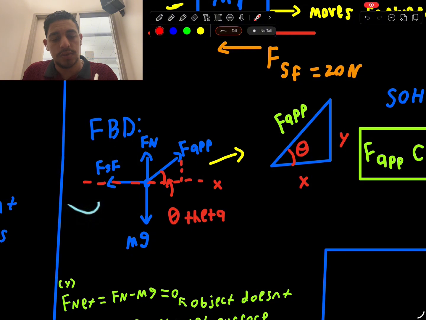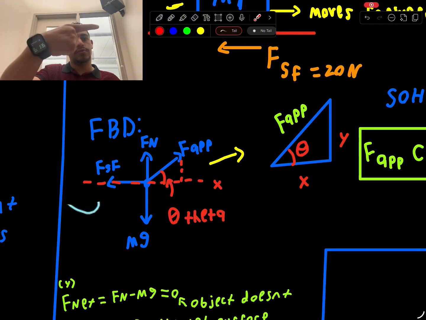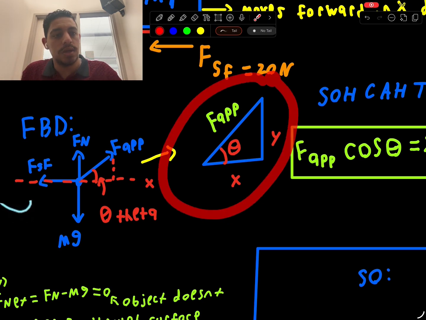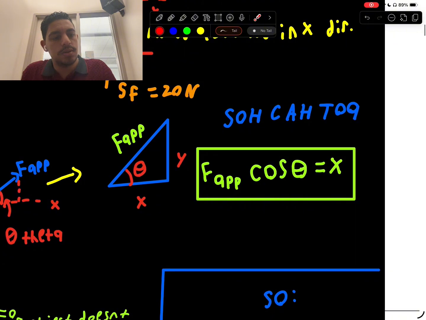So in the x direction, there's some force being applied to the box going this way, to the right. And then there's some friction force. So the object wants to go like this, friction's going like that. So who's gonna win? Let's take a look. Let's break this up into a triangle so that we can use our trigonometry functions.